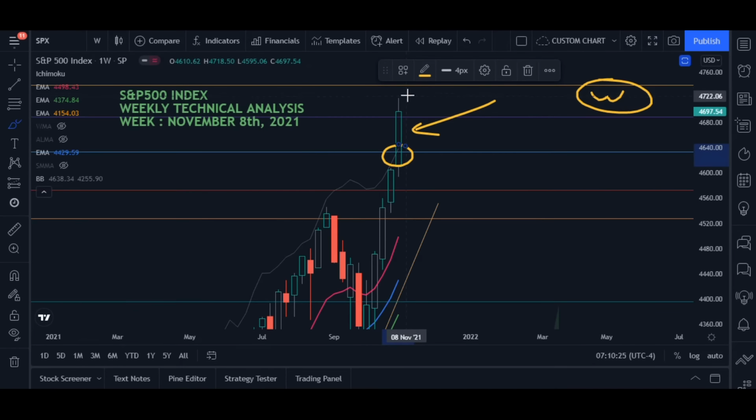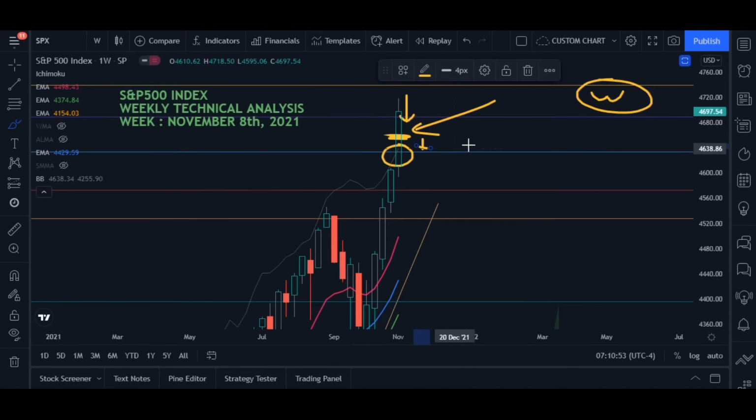On Monday there are very fair chances the market is going to cool down and come down to respect the Bollinger Band somewhere here, approximately 4655 to 4660. Thereafter it may further come down to respect this support.